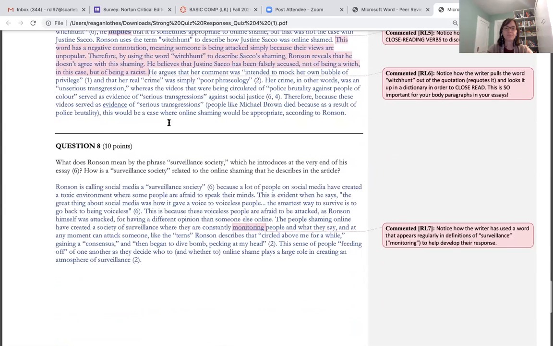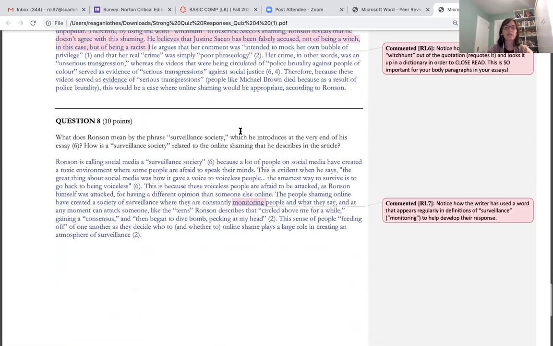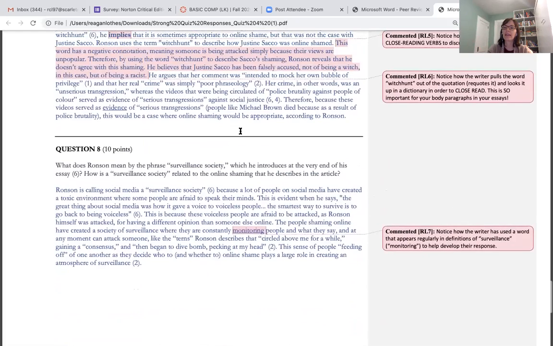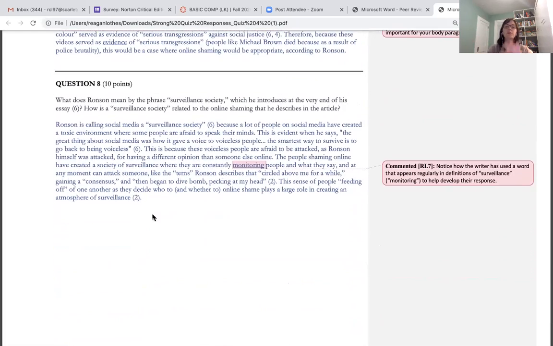Okay, so when we move to question 8 then, we're kind of pulling everything together. And so this question, of course, is really important when we're thinking about our drafts of essay 2.